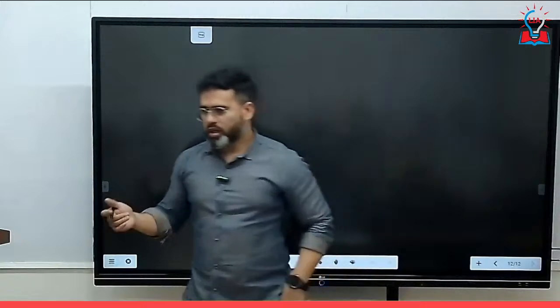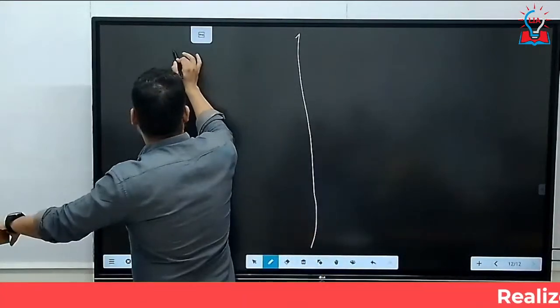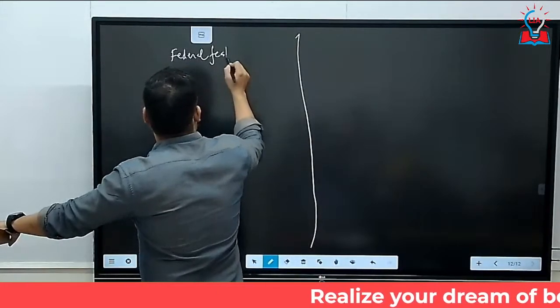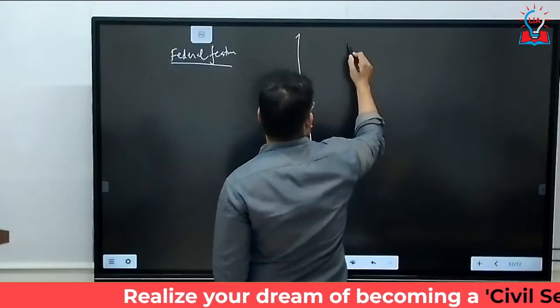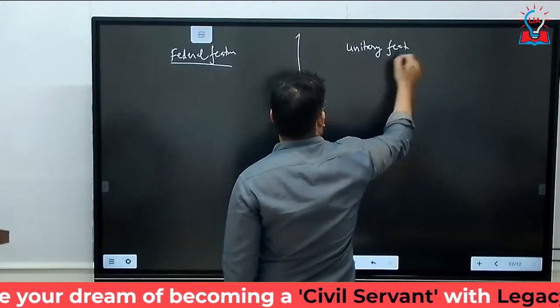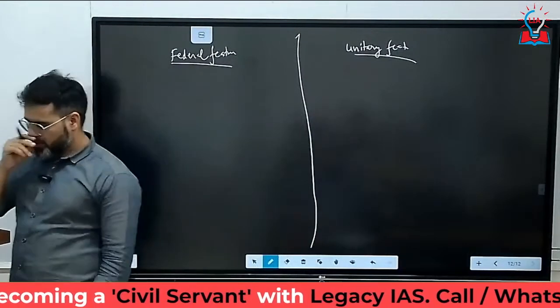we are covering basically some features in the constitution. Some we have that are federal features, and then unitary features. So what is the difference between federal and unitary features?